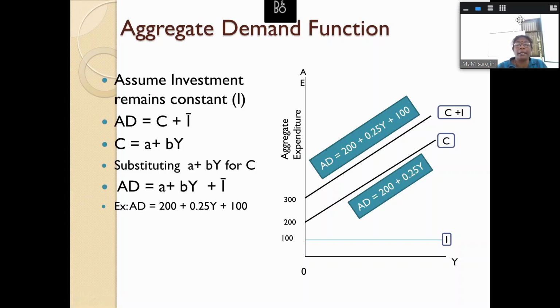Once we add the investment, that gives the aggregate demand. For example, here the consumption function is 200 plus 0.25y. Once we add the investment, that is 300 plus 0.25y. These differences you can realize once we do the numerical example to determine the national income.